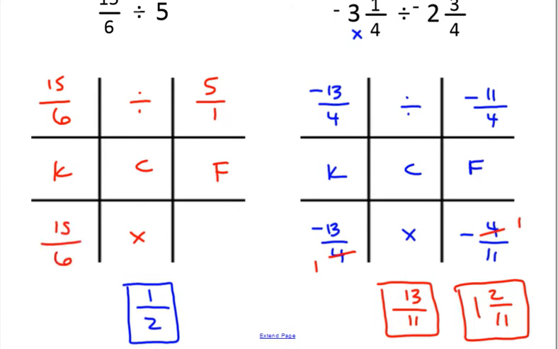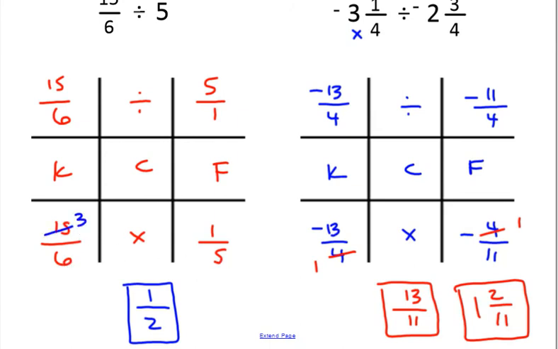So 15 over 6, 5 over 1. Oops, sorry, I flipped it wrong. So 1 over 5. Okay, so let me try that again. You can't do 1 over 6, you can't do 15 over 6, but you could do 15 over 5.